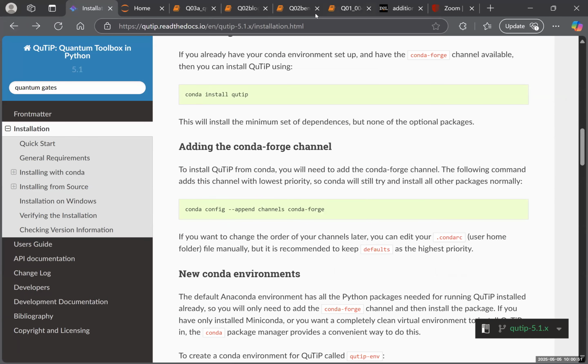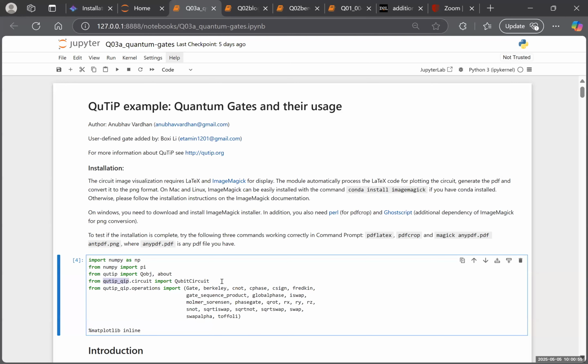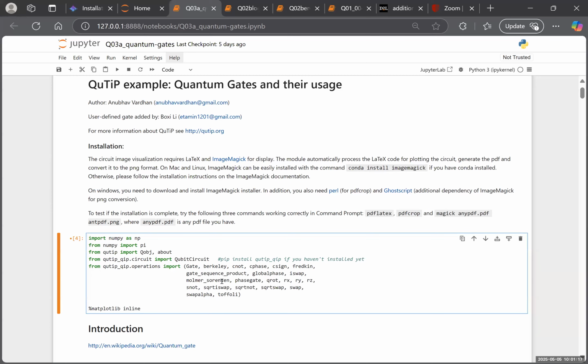But what you do is you just pip install qutip-qip. Okay, so I'm just putting comments here.